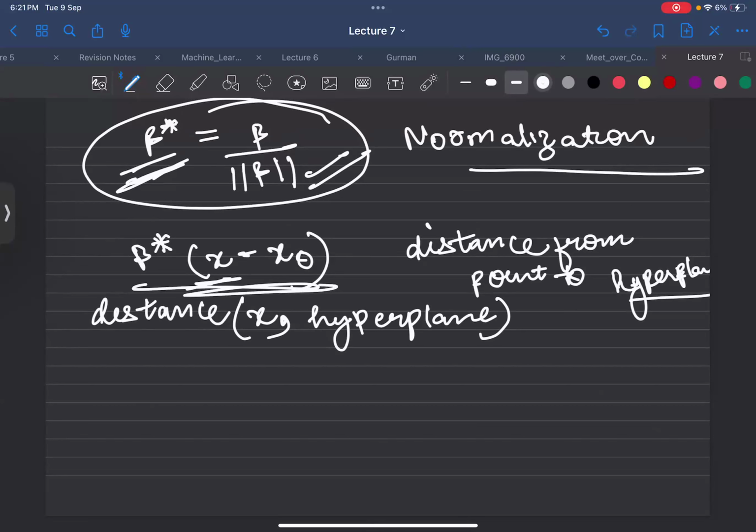Shouldn't everything anyway be perpendicular? If you draw a straight line between the point and any line, it will be perpendicular only, right? Yes, it's perpendicular only. Now I'm just writing a mathematical equation for the distance. What is beta star? It is just the normalized vector of beta.